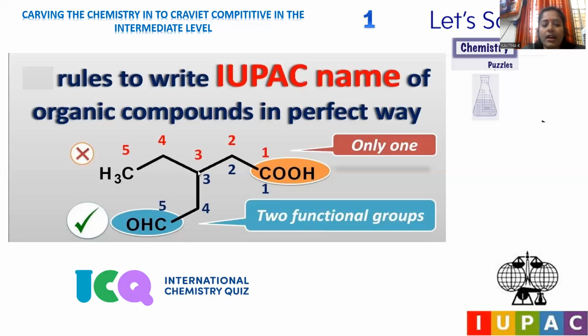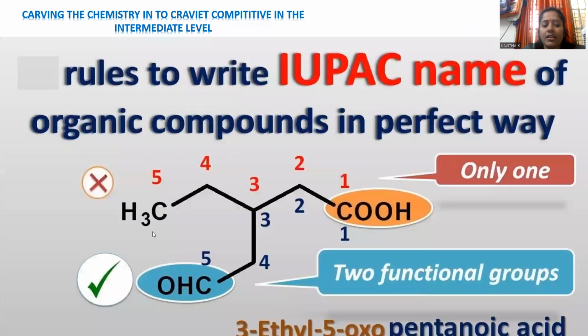At the third carbon, you can find an ethyl substitution. So for this organic compound, numbering starts from 1, 2, 3. At the third carbon, ethyl will be there; we can say 3-ethyl. At the fifth carbon, the aldehyde is there. An aldehyde, if present at any other terminal, we mention as oxo.